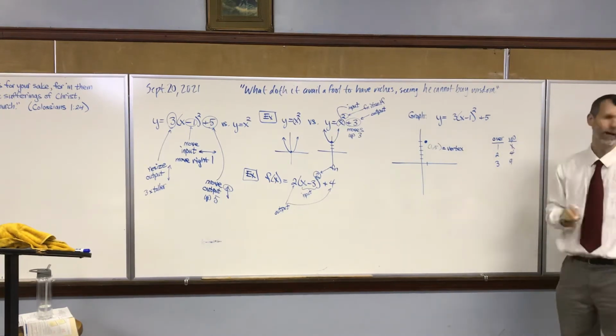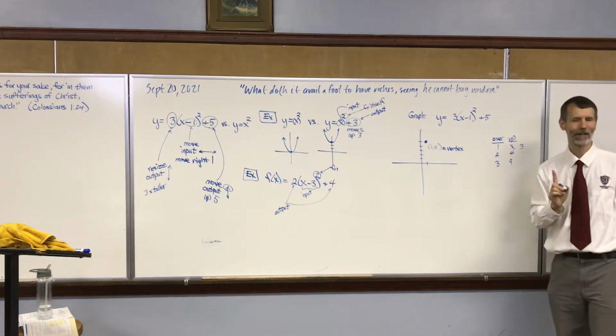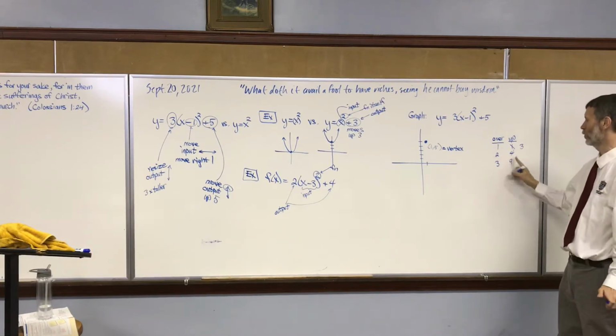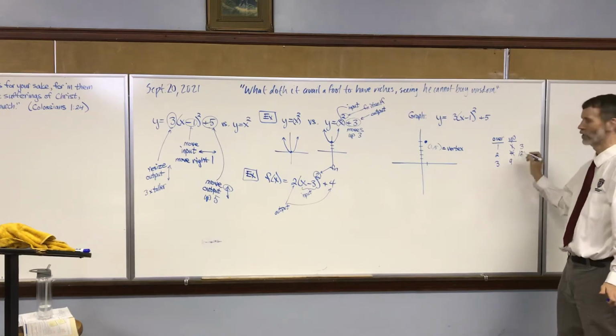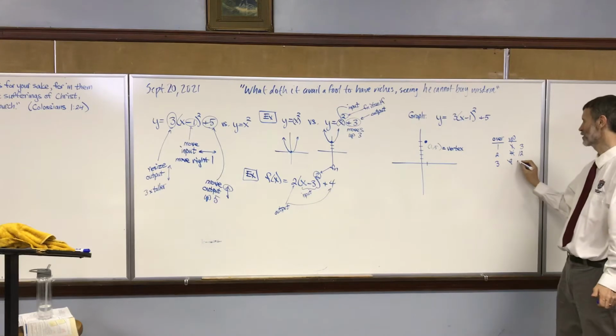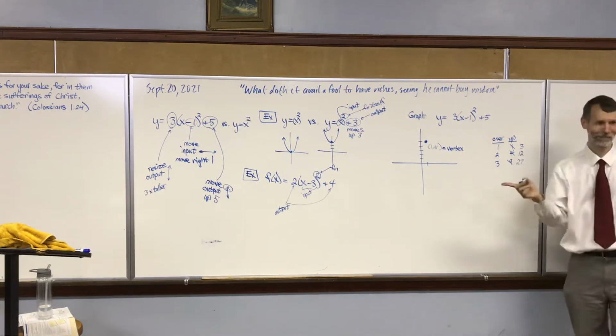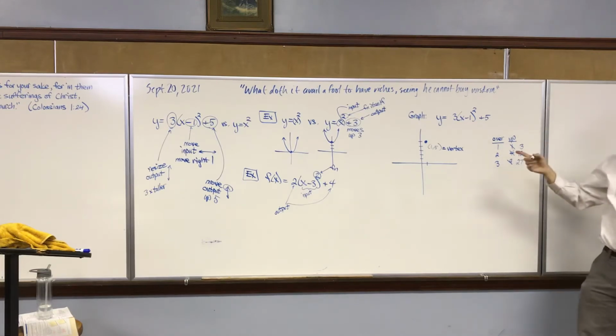It's not over 1, up 1 anymore. It's over 1, up 3. 3 times taller. It's no longer over 2, up 4. It's over 2, up 12. And so on. It's not 3, 9, it's 3, 27. I'm not going to do all those because it goes through the ceiling.